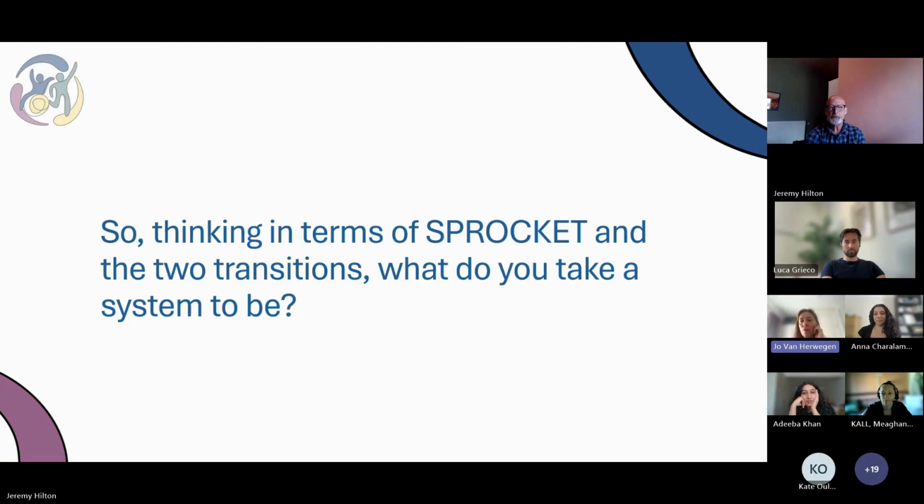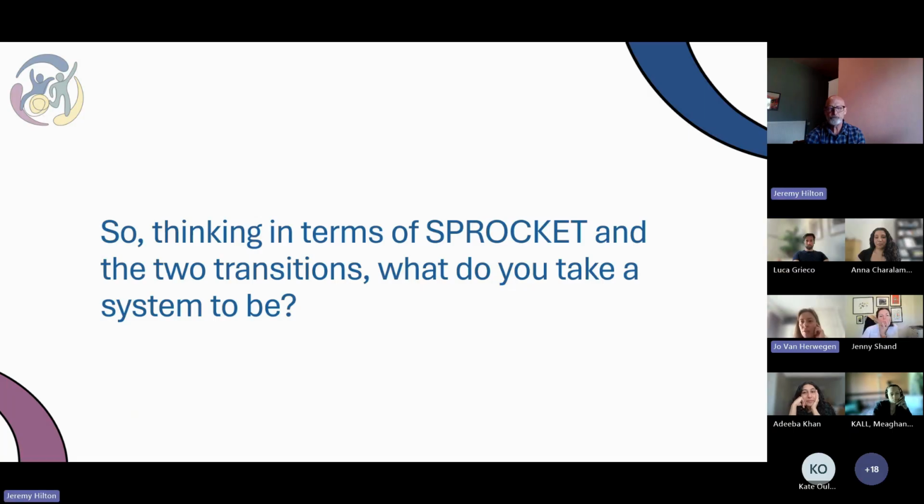But you have what the DFE would say needs to happen around transitions, and then you have the schools themselves as a structure, which are again complex structures, and then you've got the parents and the individuals themselves, and they all have their own ways of being and needs and thinking about the system as well, that will influence how and what they do within that system of transition, is how I see it, but I might be wrong.